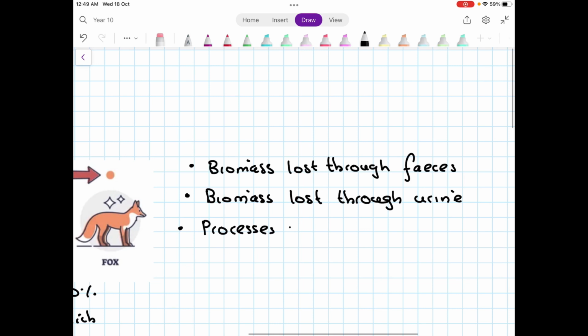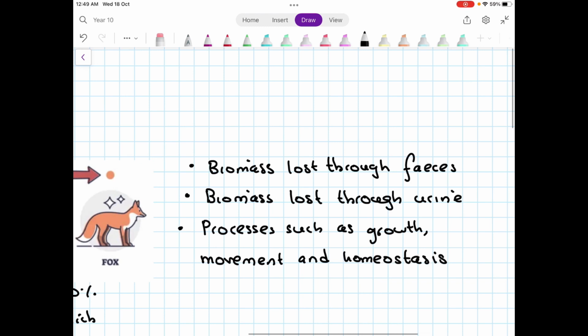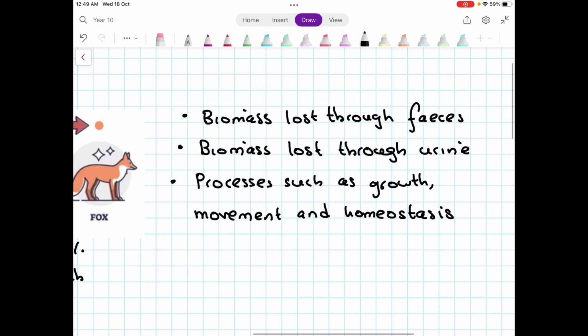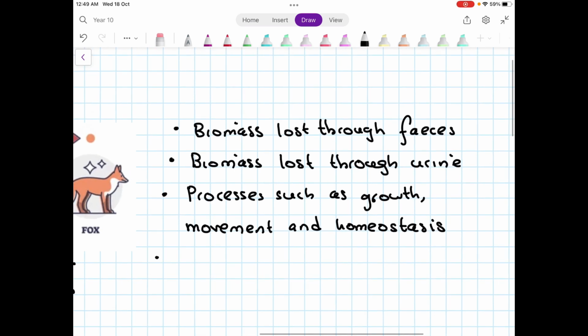processes such as growth, movement, and homeostasis also use up this energy. Energy is lost through heat by respiration.